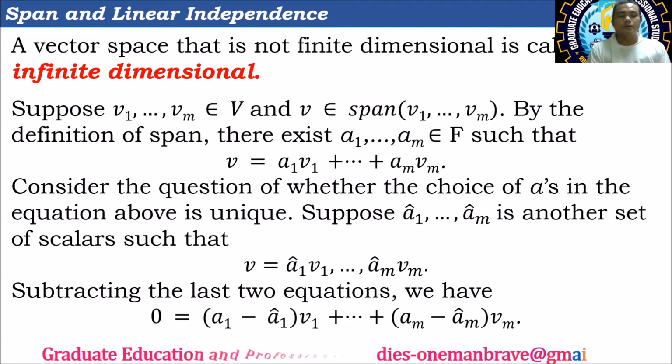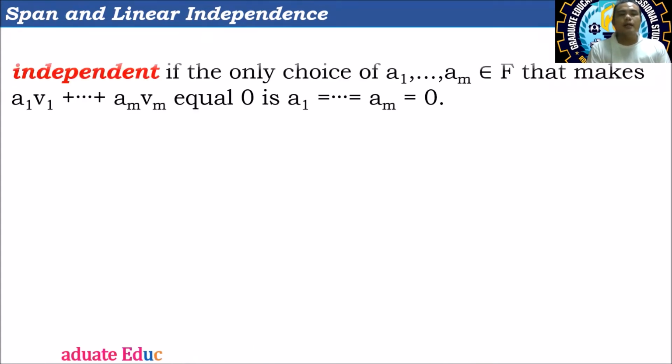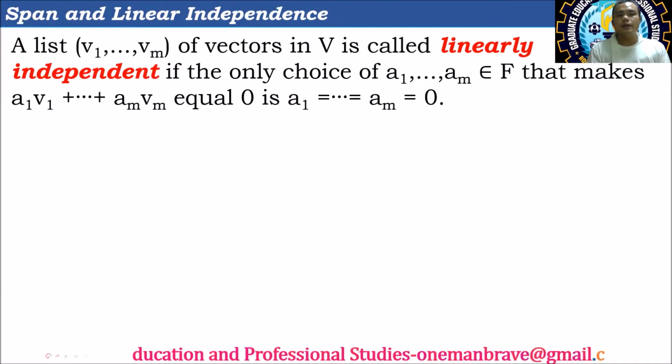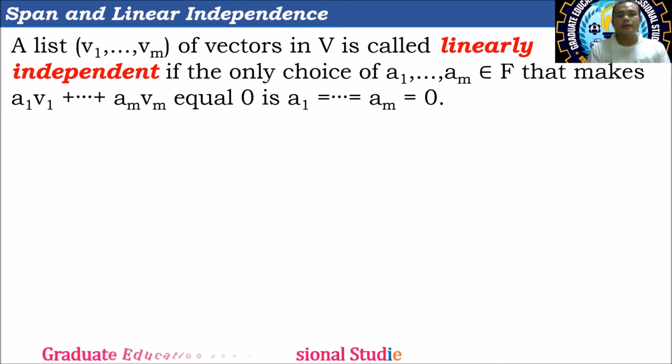A list v1 to vm of vectors in V is called linearly independent if the only choice of a's, elements of F, that makes the linear combination a1 v1 + ... + am vm equal to 0 is a1 through am all equal to 0.